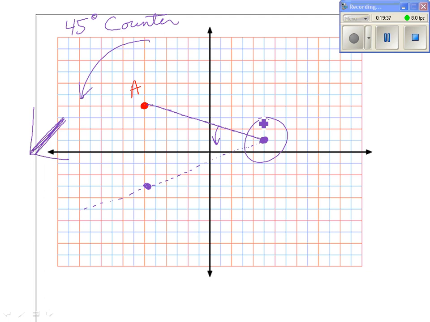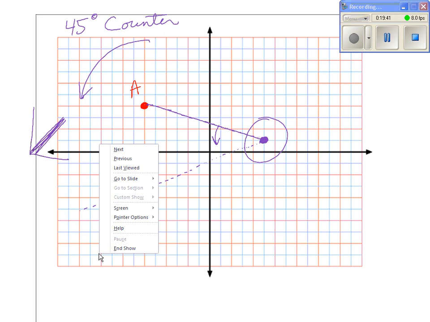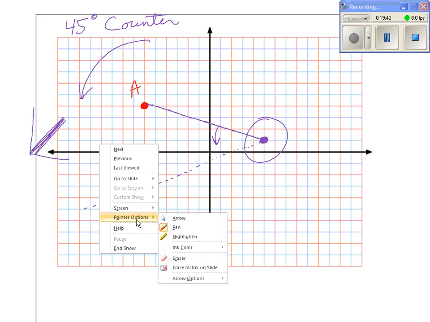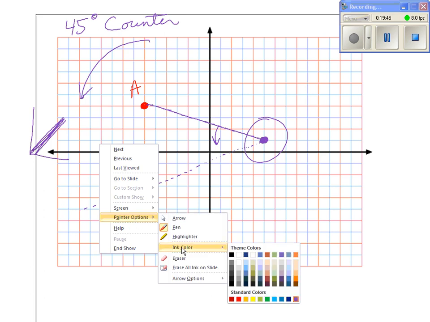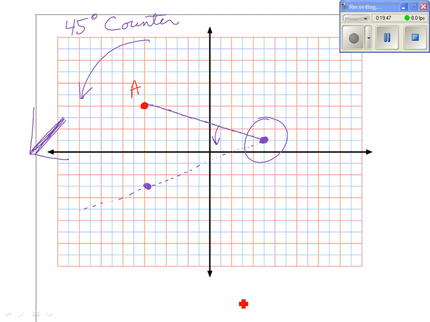All right. Now, if I wanted to, we got point A there. Let's go back and we'll put a point B up here. This would be A prime right here, right? Put point B up there.